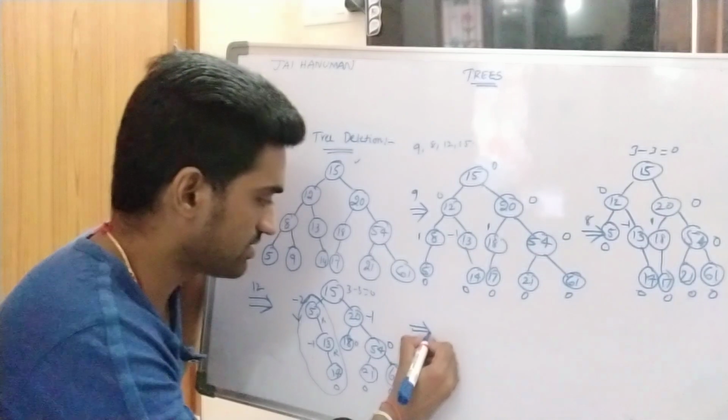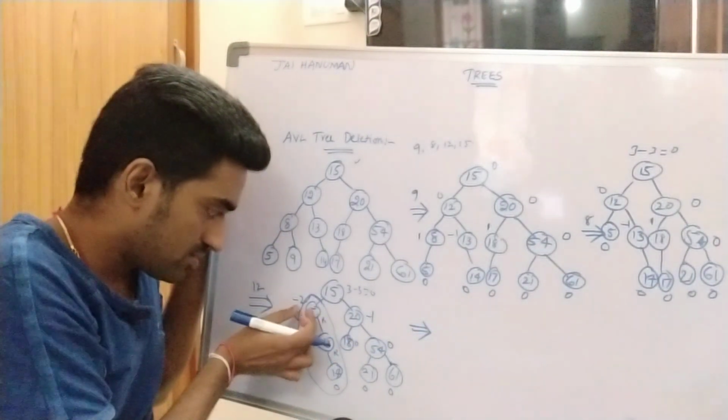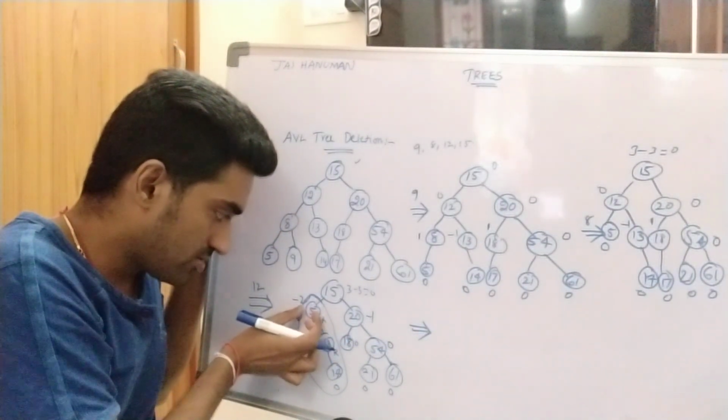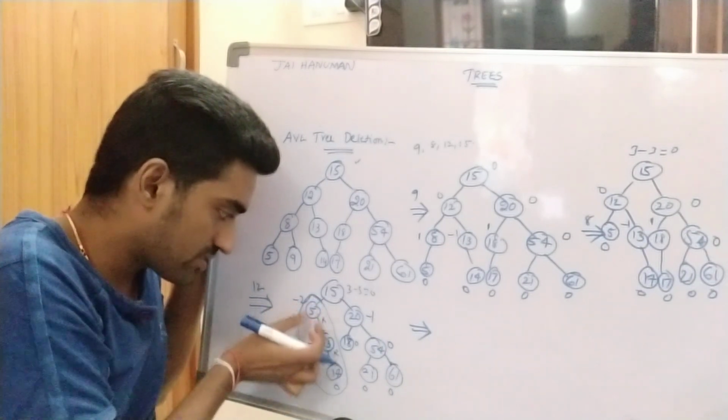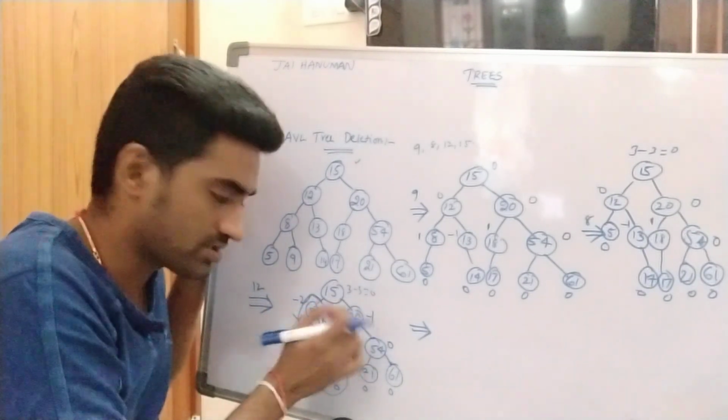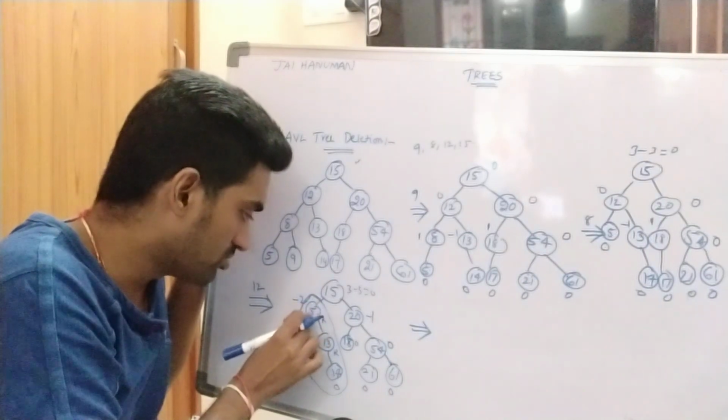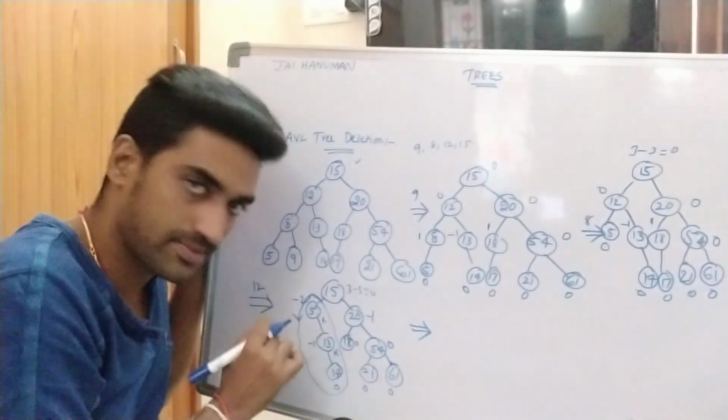Now the tree becomes like this. So here the critical node's balancing factor can be adjusted with the help of RR rotation. So for that purpose I want to move the node towards the left direction.